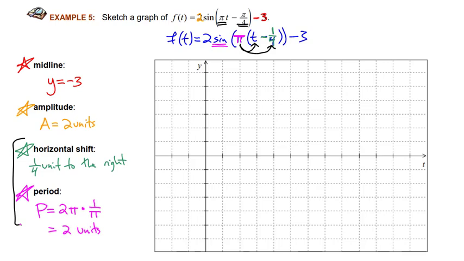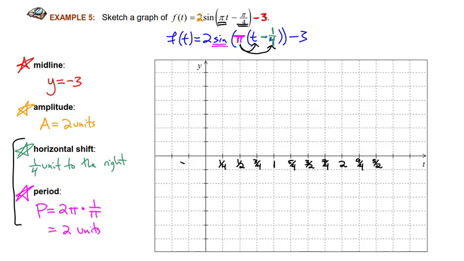So I'll label the very first tick as 1/4, and then double this, triple this, etc. So 1/4, 2/4, which is 1/2, 3/4, 4/4, which is 1, 5/4, 6/4, which is 3 over 2, 7/4, 8/4, which is 2, 9/4, 10/4, which is 5 over 2.